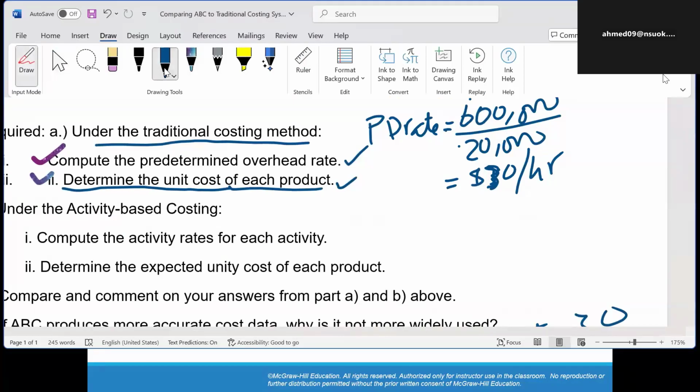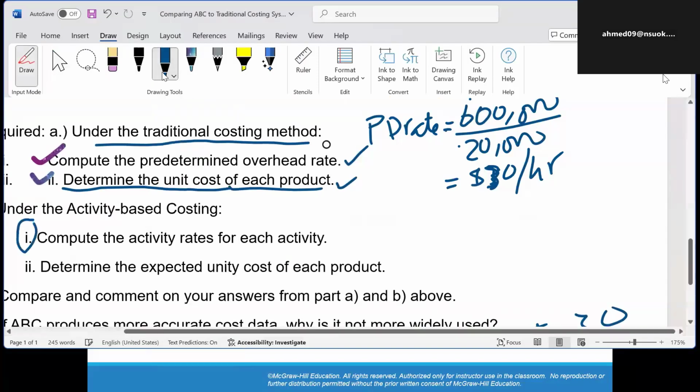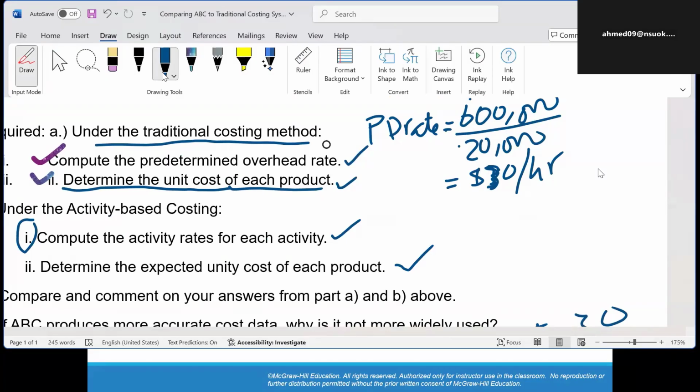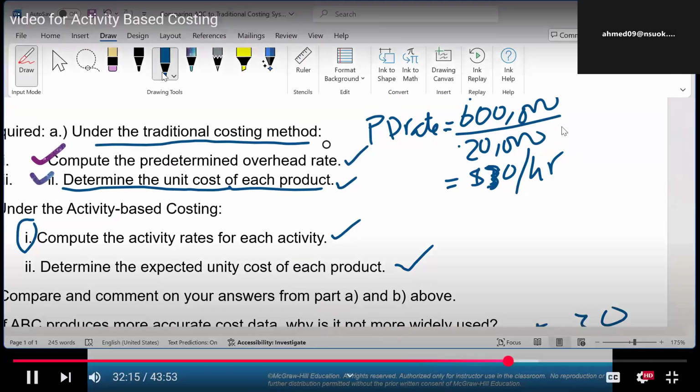We need to compute the activity rates for each activity. After that, we have to determine the expected unit cost. And then we have to compare both answers A and B, the traditional and the ABC. That's what we have to write here.